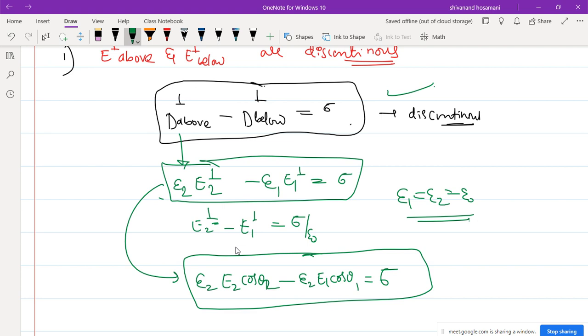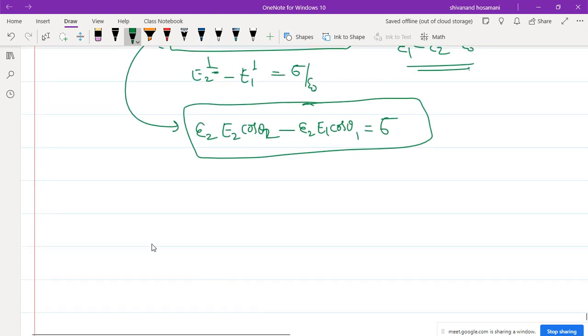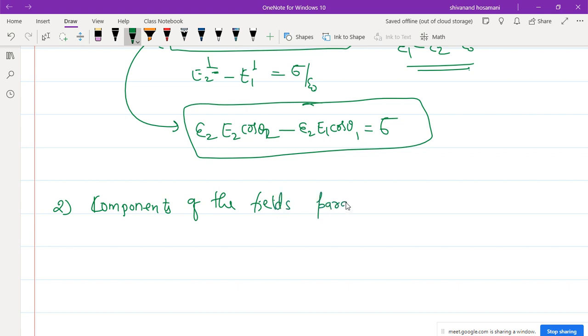Then the second boundary condition is that the components of the electric fields which are parallel to the surface, they are continuous.